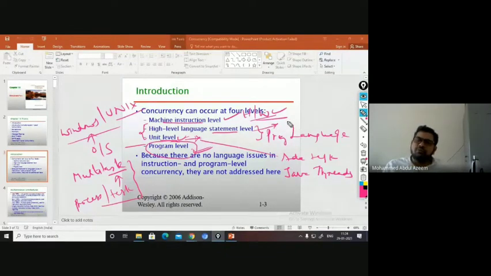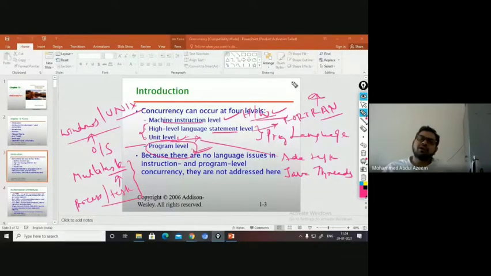Basically in supercomputers you may find this kind of facility, or in attached array processors. A programming language like Fortran will have this kind of facility, when you have a single instruction to be executed on multiple data.